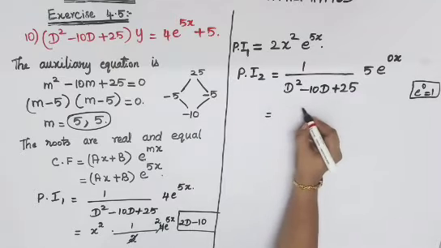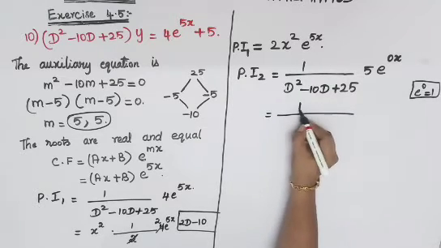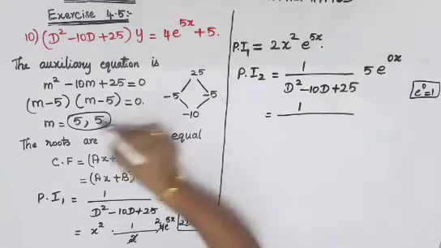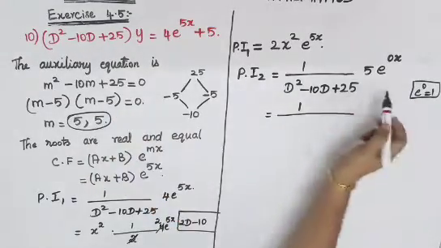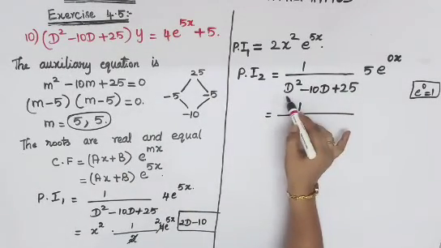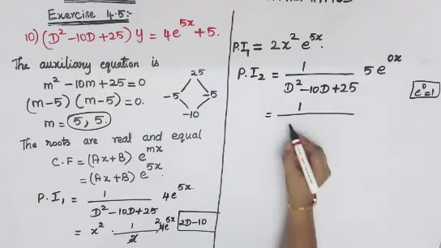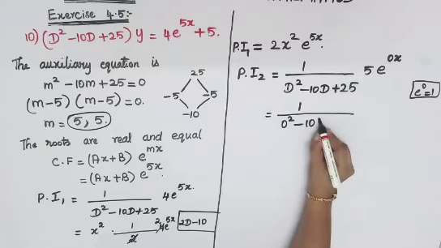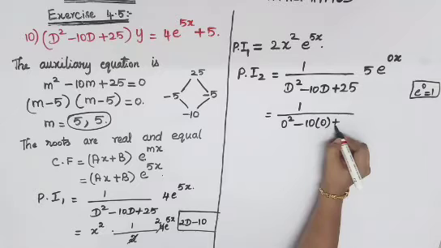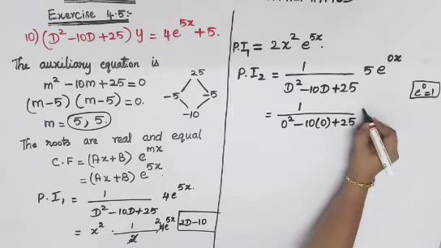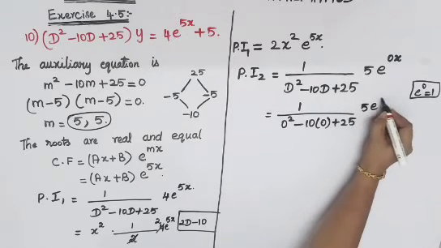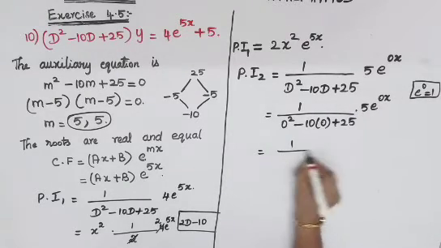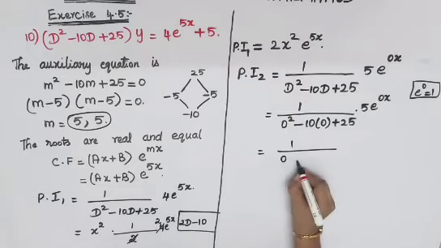Now that is equal to 1 divided by, before substituting just check your value, that is the coefficient of x and here the value of m. So everything is different. So straight away you can put your value of D as 0. Okay. So 0 square minus 10 into 0 plus 25 into 5 e power 0x. That is equal to 1 divided by 0 square is 0.